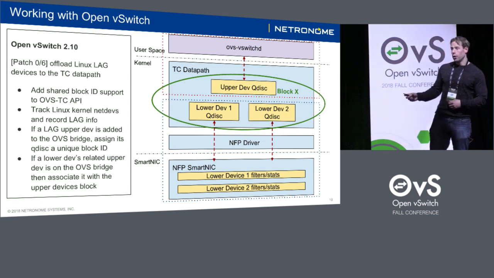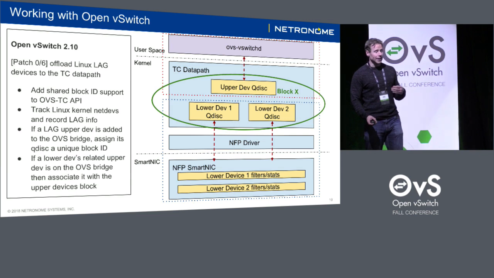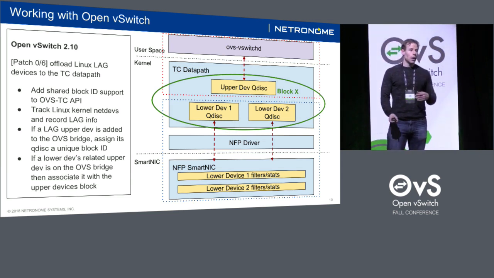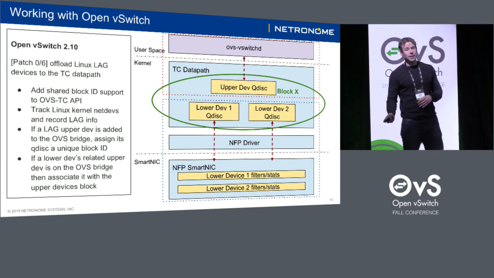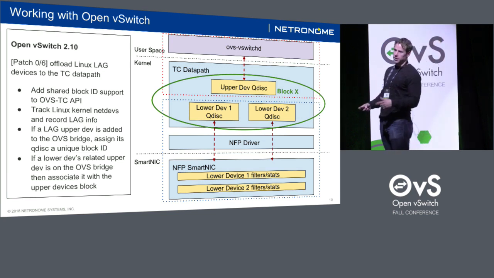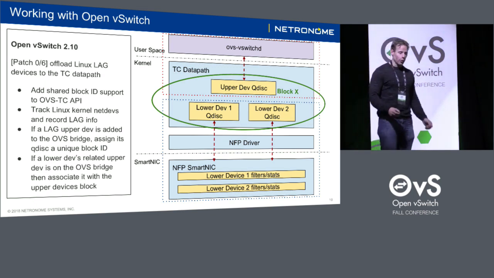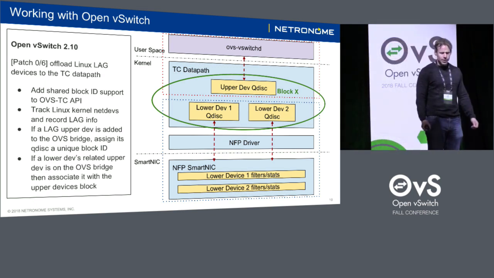We then monitor the other net devices from the kernel, and if we see a lower level device that has a master device that is on the OVS bridge, then we associate this with the same QDisc and same block ID as its master. So even though these lower layer devices are not necessarily added to the OVS bridge, we still give them the same block ID of the device that is added to the OVS bridge.